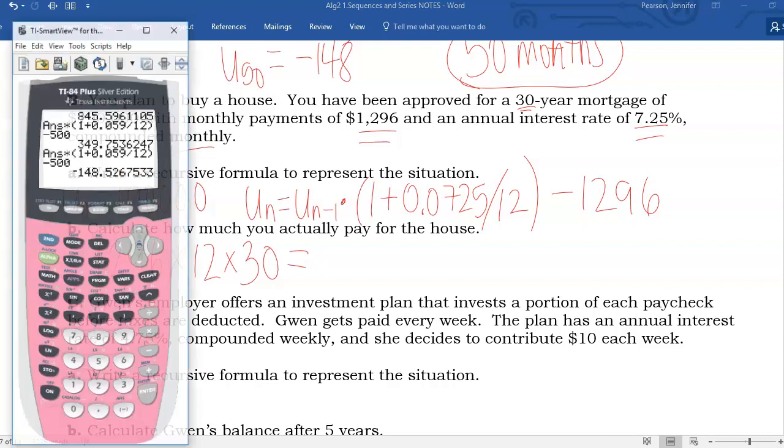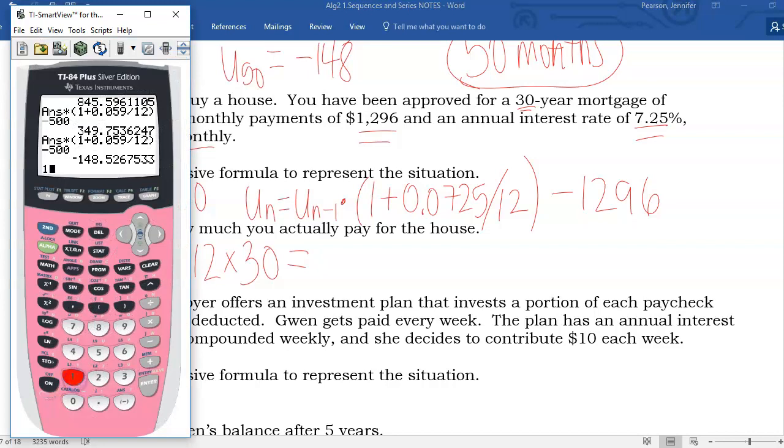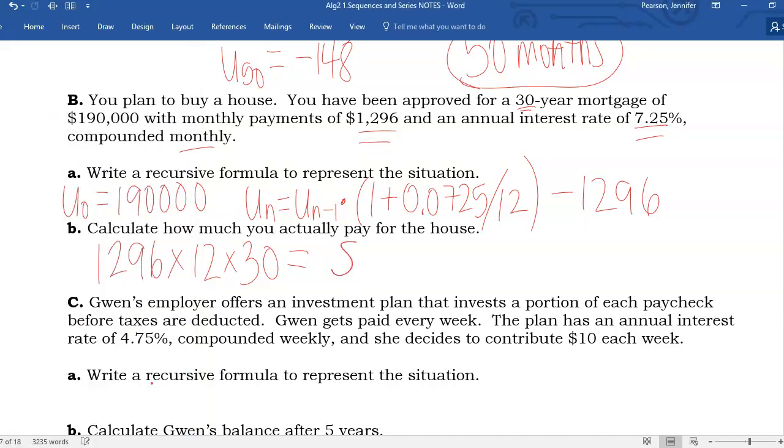You guys ready for this? 1,296 times 12 payments a year times 30 years of payments, $466,560.